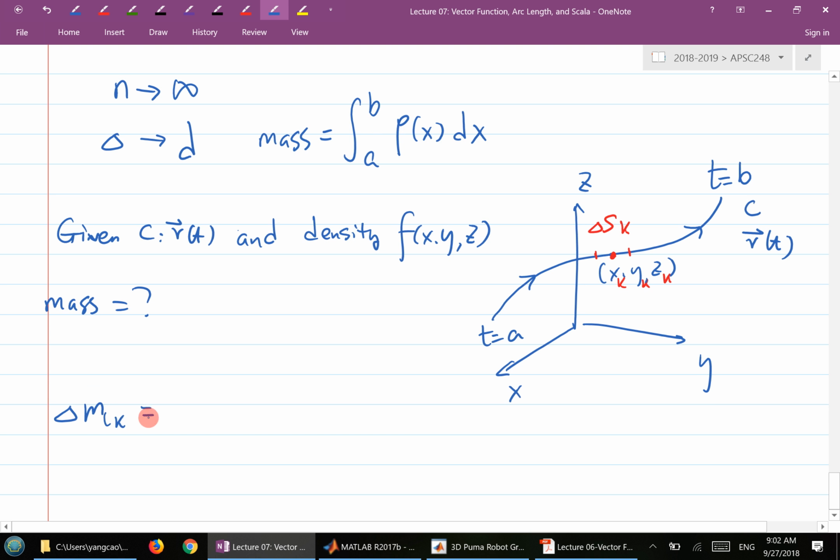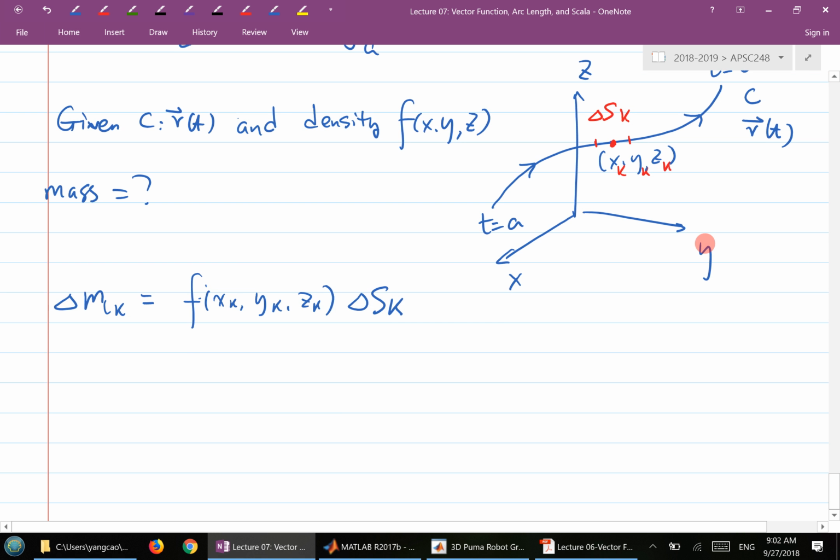Let's call it delta m k, equal to the density at that location, because the segment is small, so I can assume the density won't change within it, times the arc length of the small segment. Density times the arc length gives me the small mass.